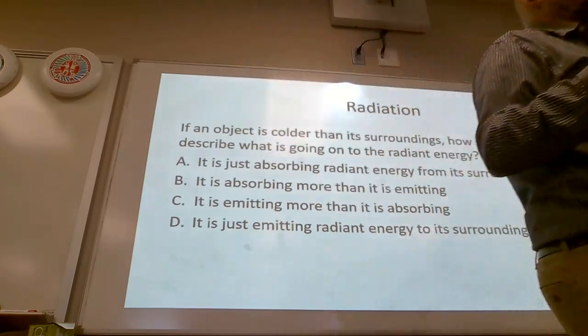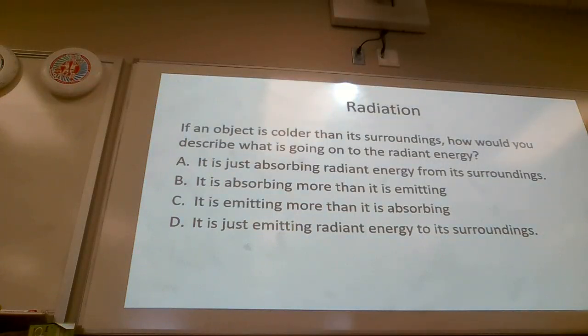But if you're colder than your environment, you're going to be absorbing more than you're emitting, because you're trying to attain thermal equilibrium.